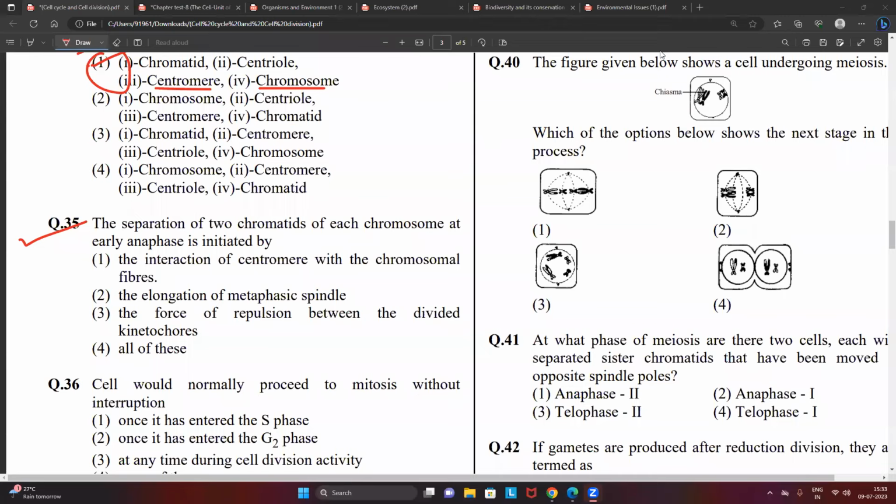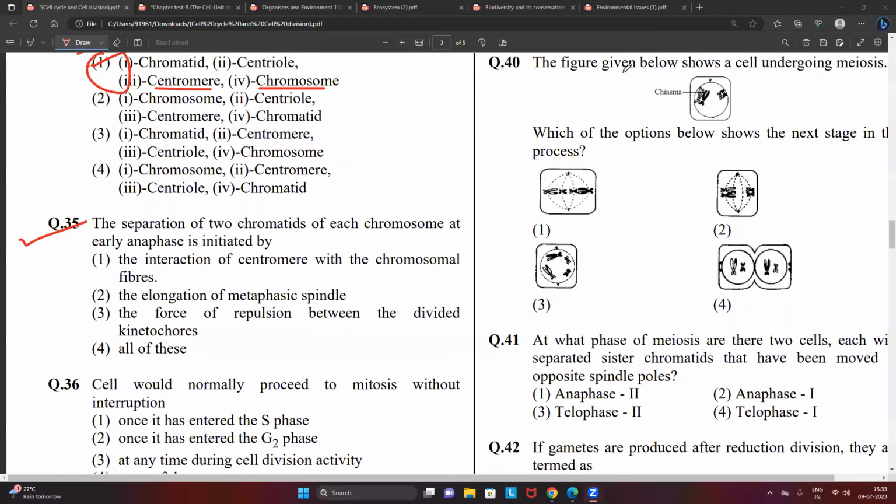It's a good question. Slowly, I'm telling you, right? Slowly do it. Don't give the fastest answer. The question says that the separation of 2 chromatids of each chromosome at early anaphase is initiated by.